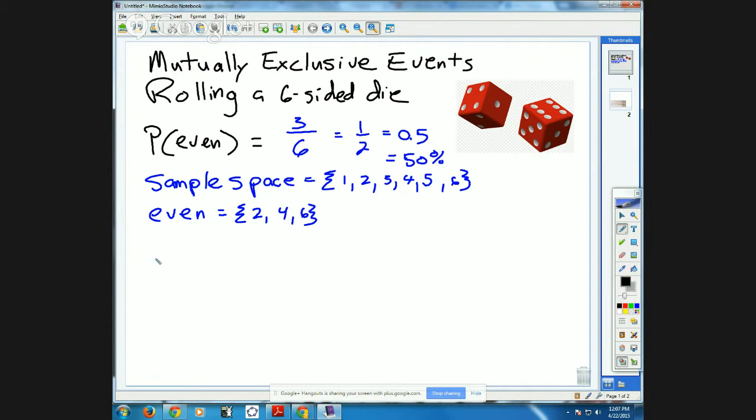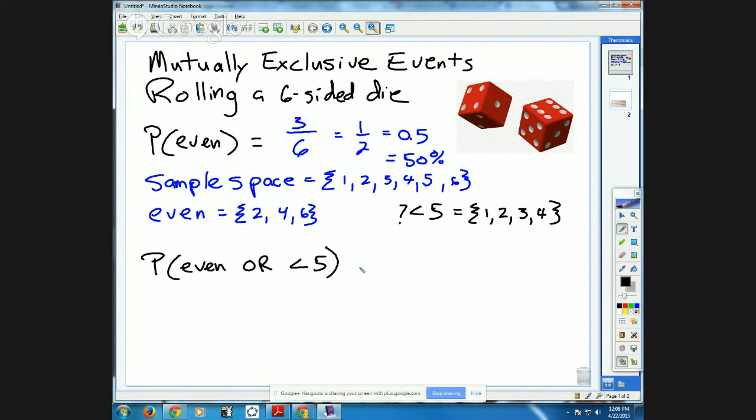What I want to take a look at here is the probability of getting an even number or a number that is less than 5. So let's look at the set less than 5. A number less than 5 would be 1 or 2 or 3 or 4. Then I need to look at which numbers are even or less than 5.